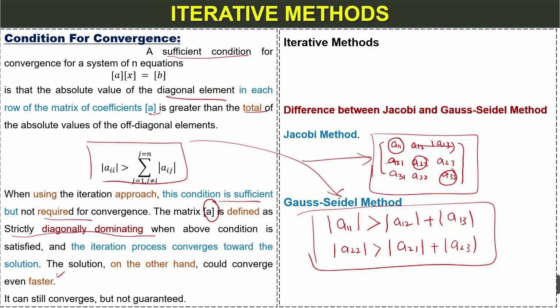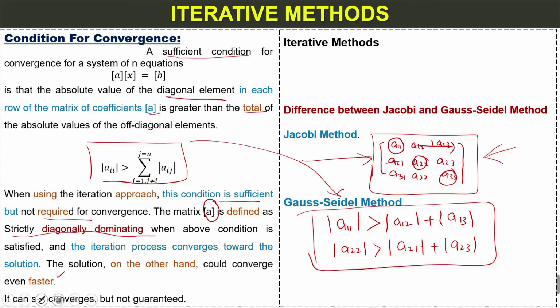Even if the matrix is not diagonally dominant, it can converge, but it is not guaranteed. The iterative methods may converge, but we cannot guarantee that they will converge toward the exact solution.